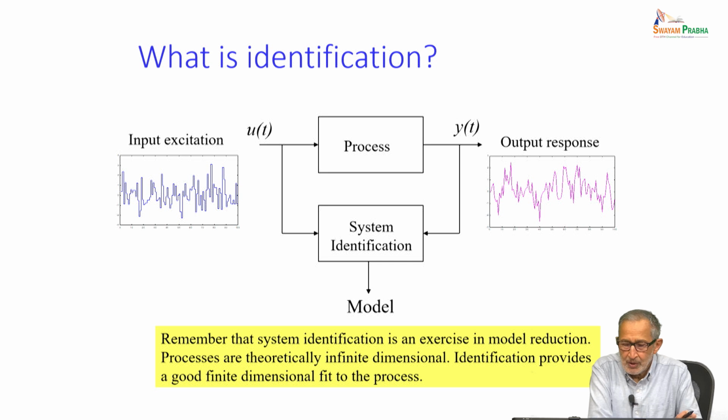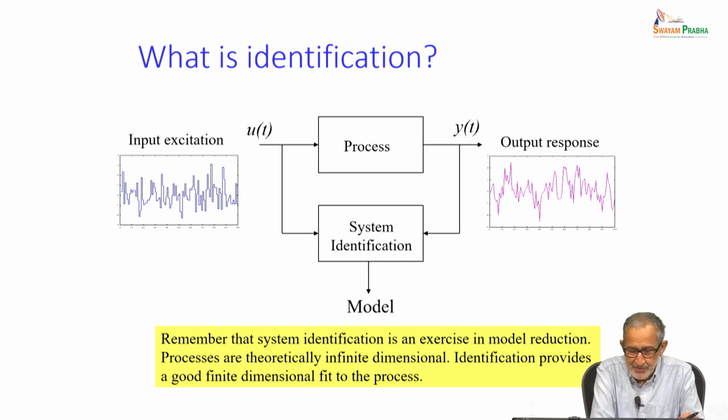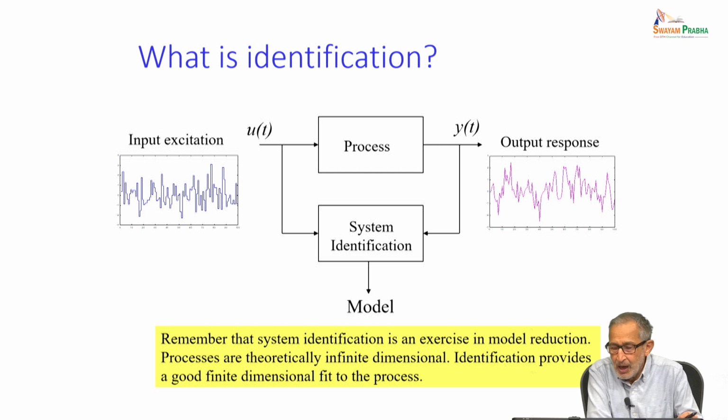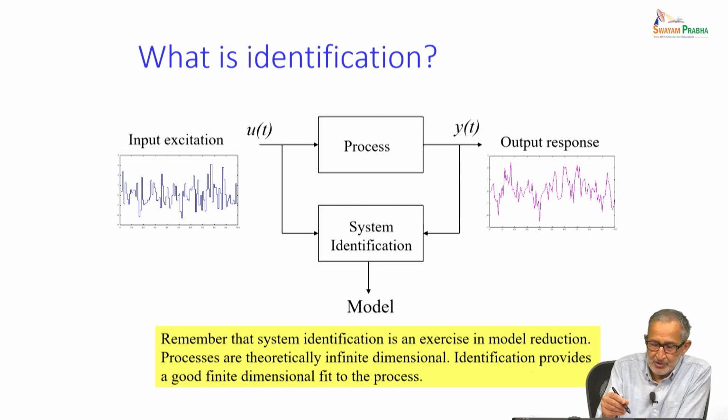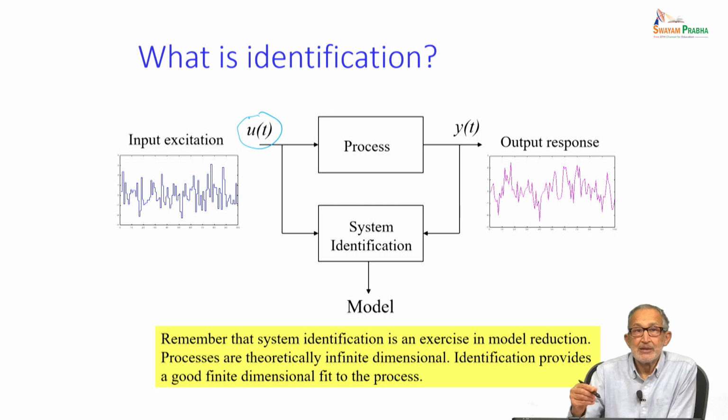So just to recall, what do we mean by identification? Given some input time series data into a process and also the output time series data for the process. The input time series data is as shown here, u of t. The output time series data is y of t.